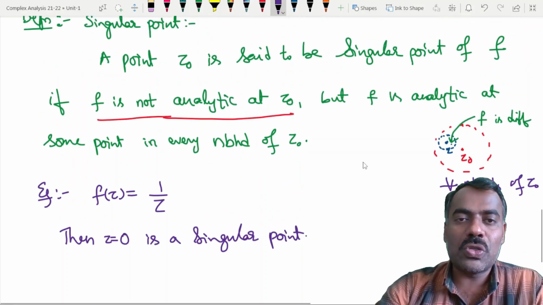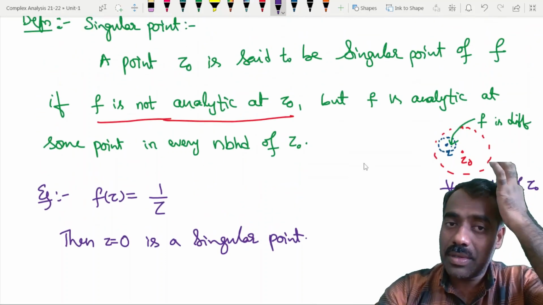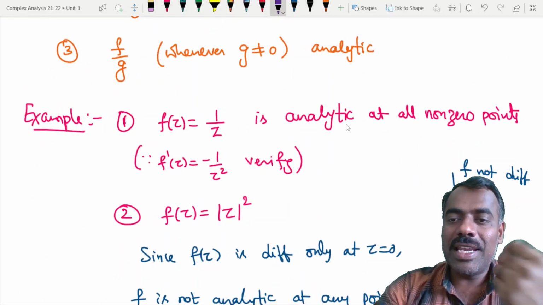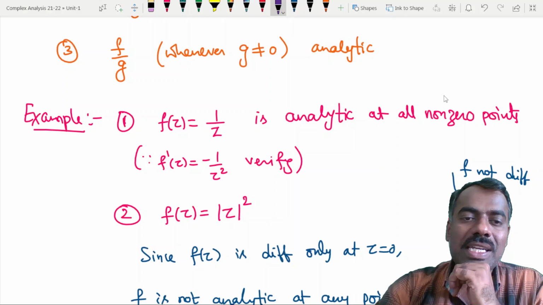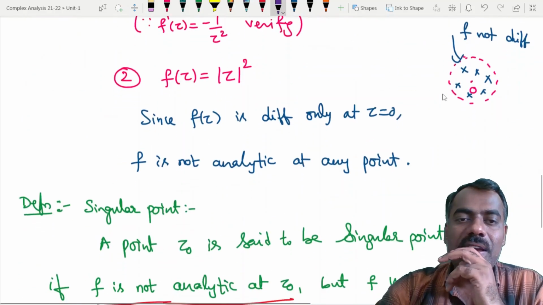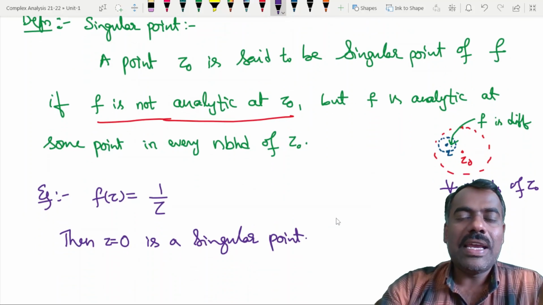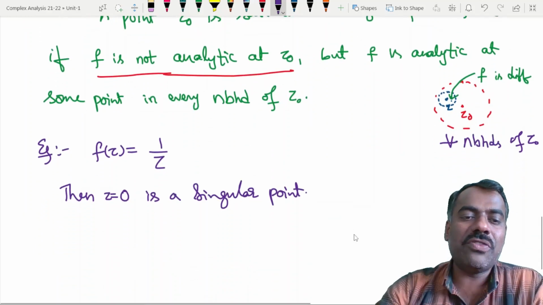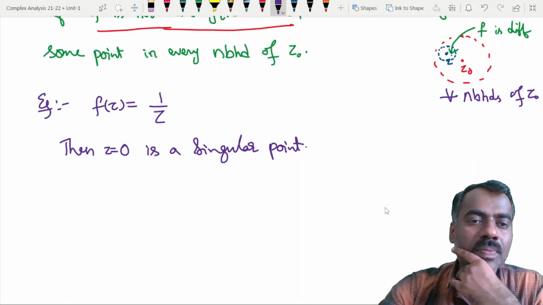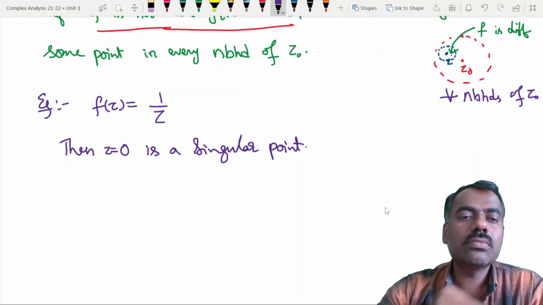But we know a stronger condition. We know that it is analytic everywhere except at 0, right? Yes or no? That means this is differentiable at every point except at 0. So therefore 0 is a singular point. Are you following? Yes.